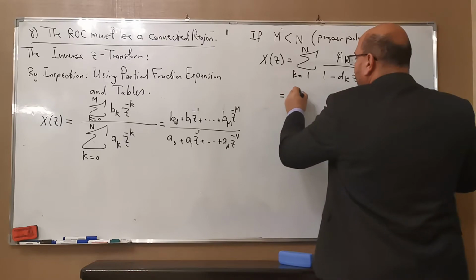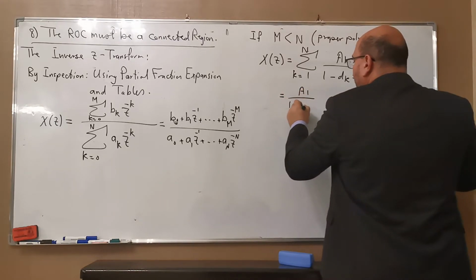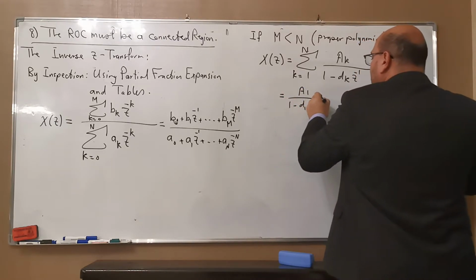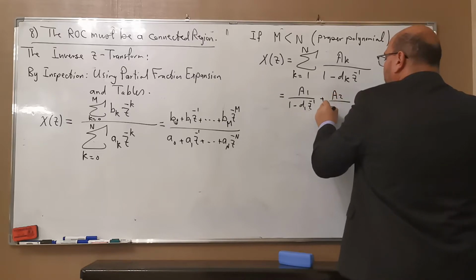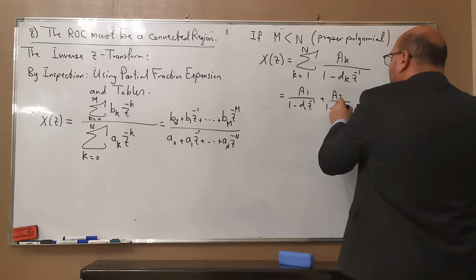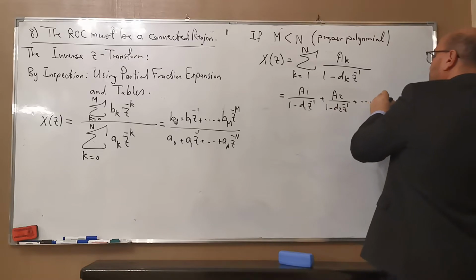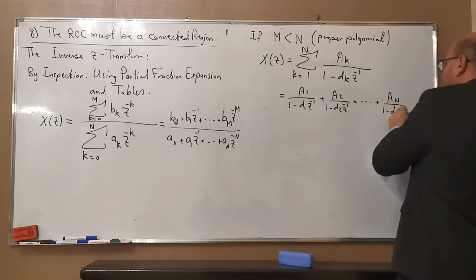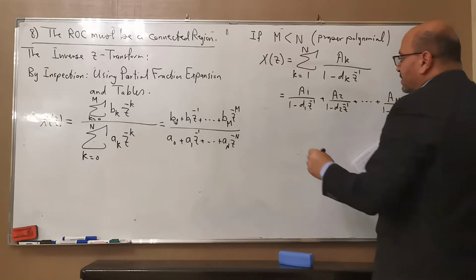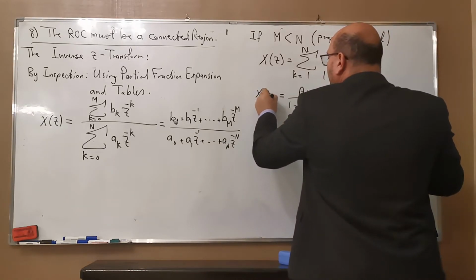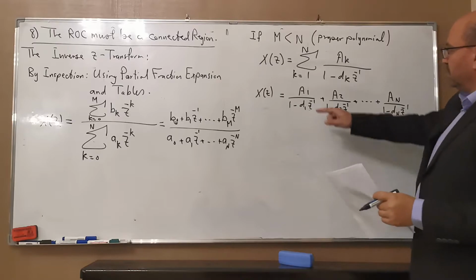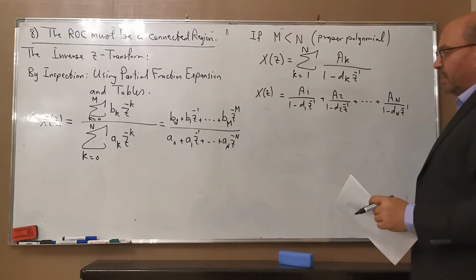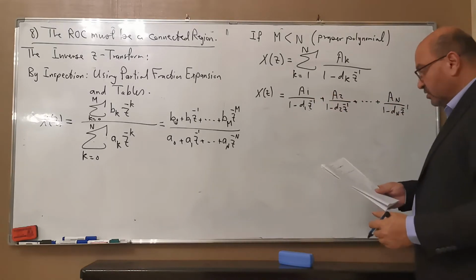So you have a1 over 1 minus d1 z inverse plus a2 over 1 minus d2 z inverse plus a sub N over 1 minus d sub N z inverse. So this is our X(z), and we will find those a_k constants by partial fraction expansion.